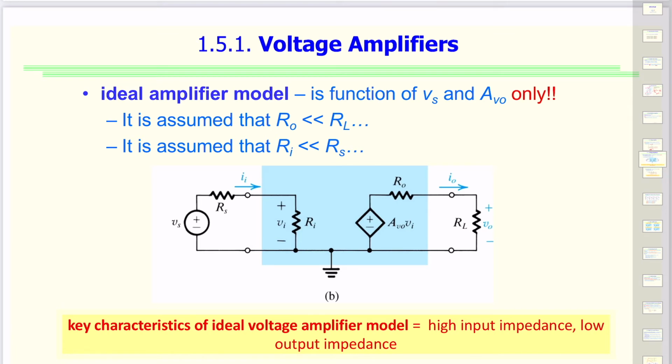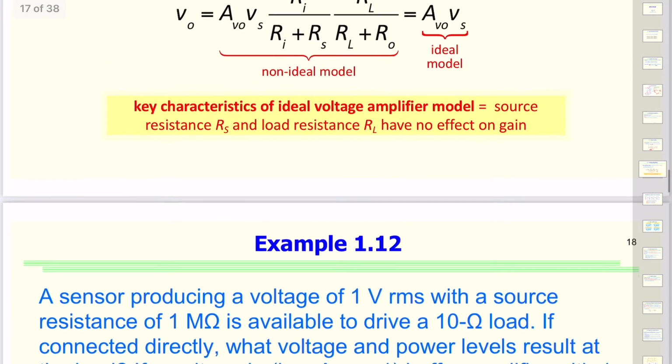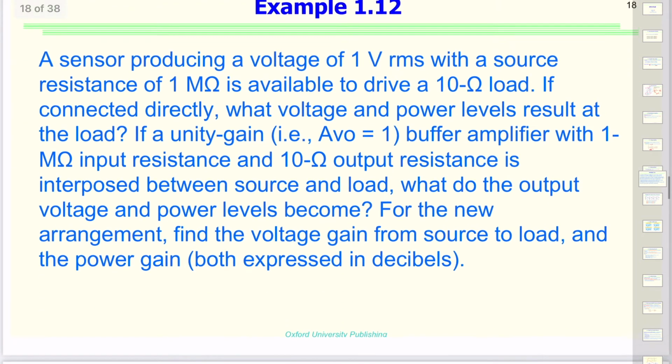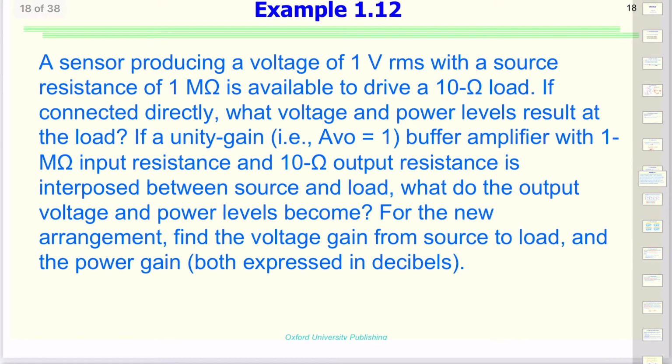Let's take a look at an example. 1.12: a sensor producing a voltage of 1 volt RMS with a source resistance of 1 mega ohm is available to drive a 10 ohm load. So we can straight away see that we need to find out the voltage drop across the output, right?